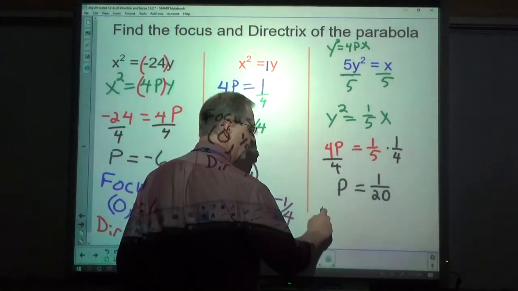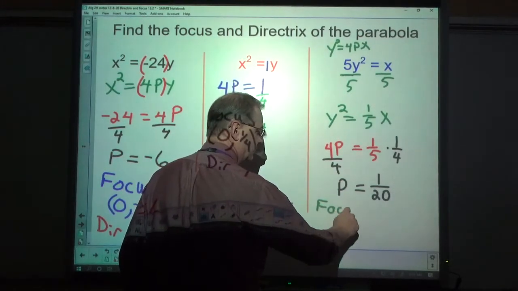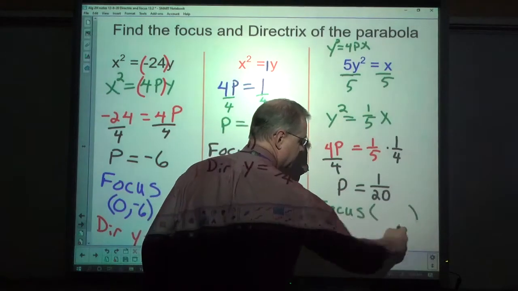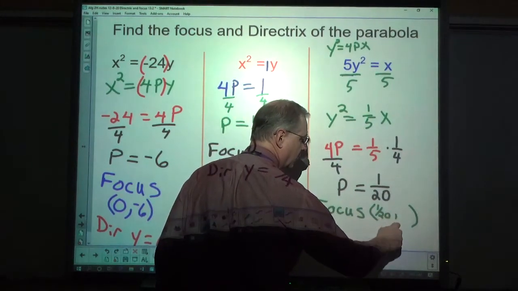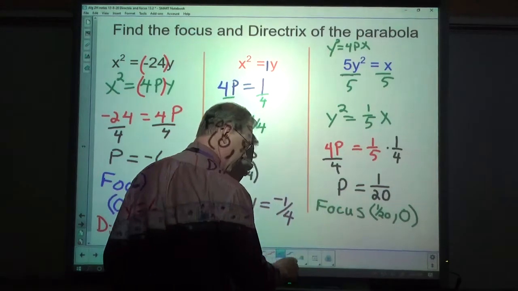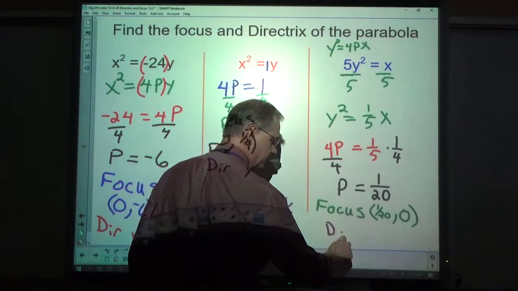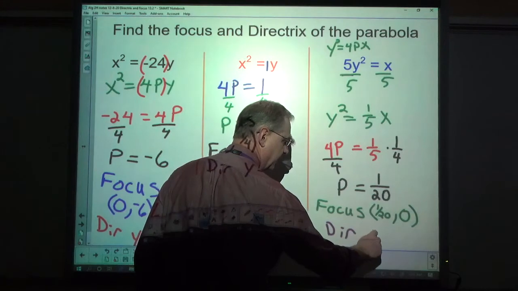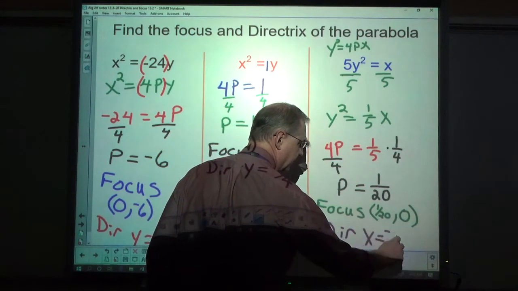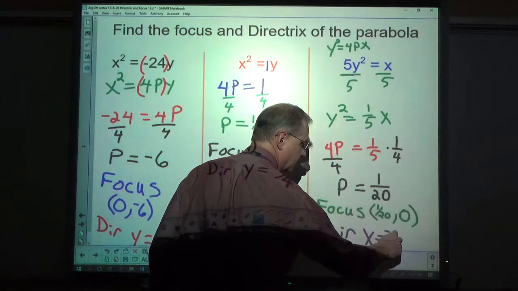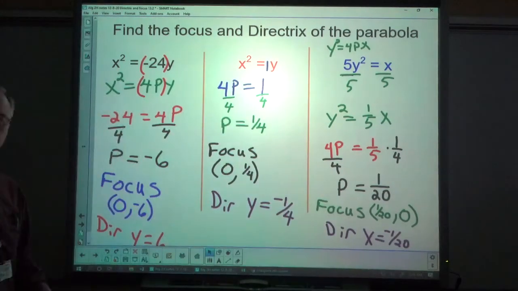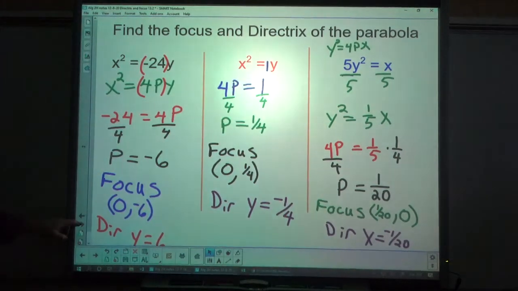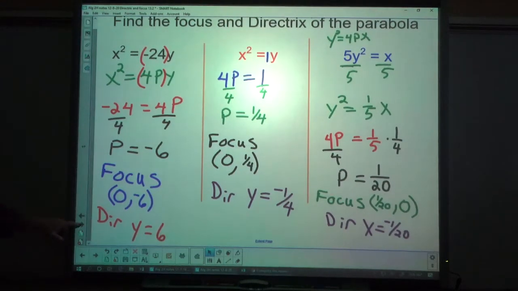So, focus: it's in the x coordinate spot, 1/20th, 0. And the directrix is going to be x equals negative, opposite sign of this, 1/20th. There are your directrix and focus for each of these problems.